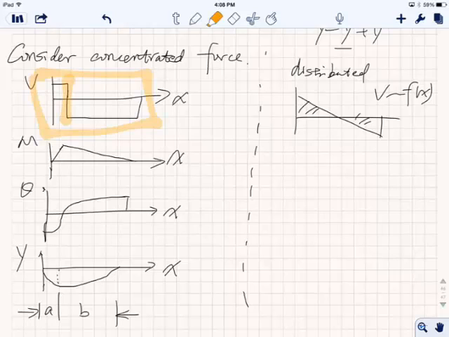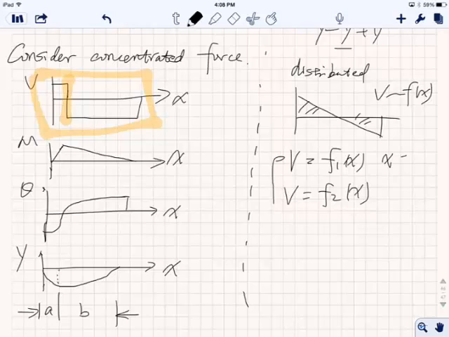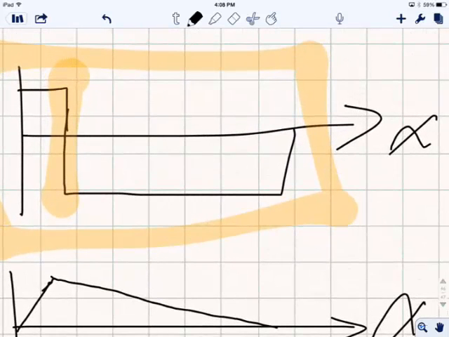So your V will equal f1(x) or equal f2(x), when x is smaller than a, and here x is bigger than a, right? Because remember, here the distance is a, here the distance is b.